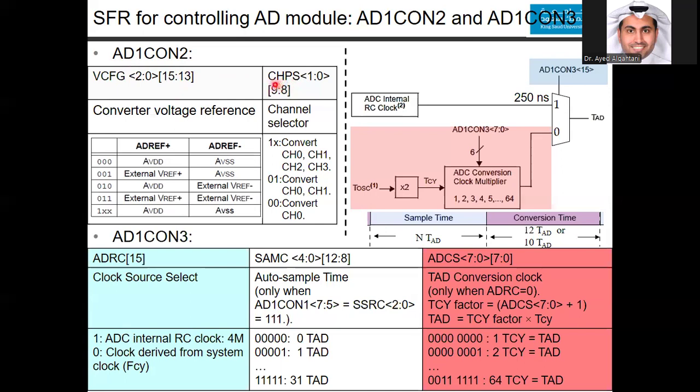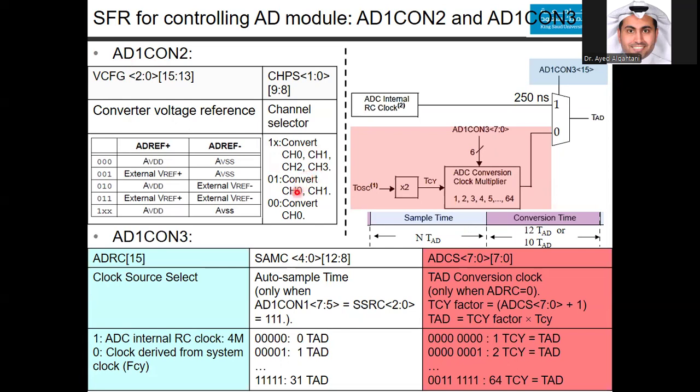One of them is the channel selector. It has 2 bits. If you use 00, you will use only channel 0. If it is 10, you have two channels, channel 0 and channel 1. And if it is X, meaning don't care, and 1, you convert 4 channels simultaneously.